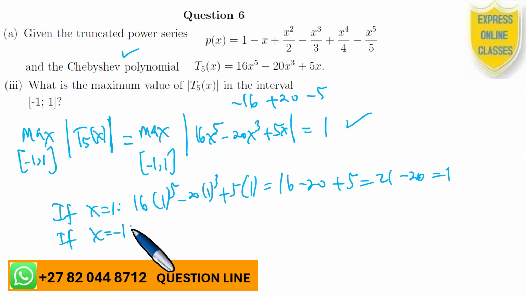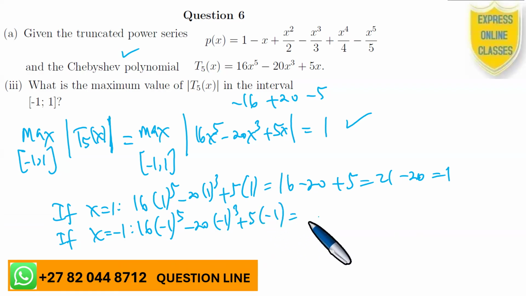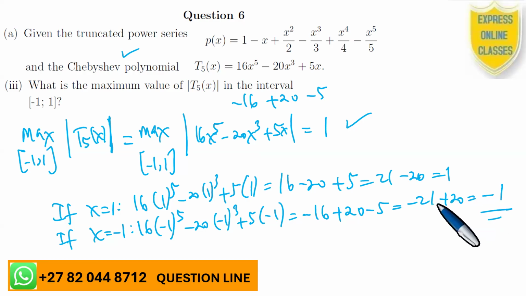So if x is minus 1, minus 16, plus 20, minus 5. Minus 21 plus 20, which is minus 1. Okay?